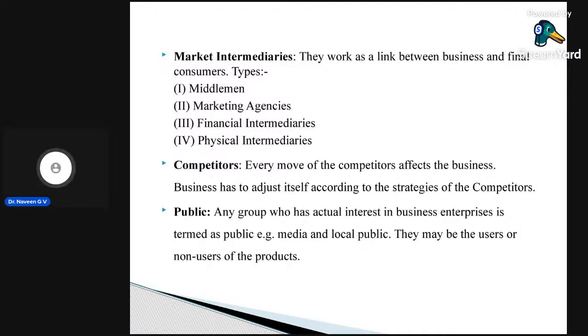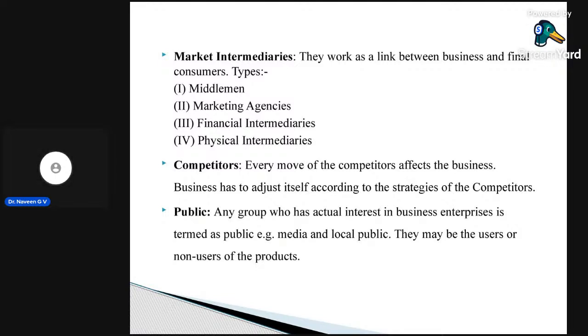It means the business enterprise has to adjust various business activities according to the behavior of the competitors, whether related to the quality of the products, the pricing of the products, or any other changes that should be taken into account. Whether to liberalize policies on the basis of competitors, or whether the company wants to restructure, they know very well about this when they come to the market and face the competitors.